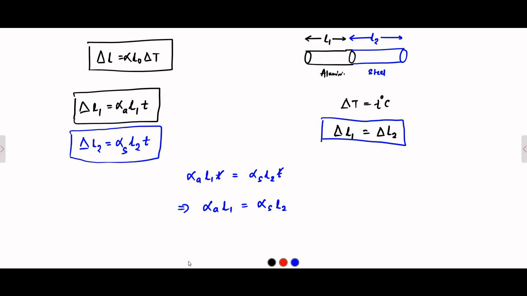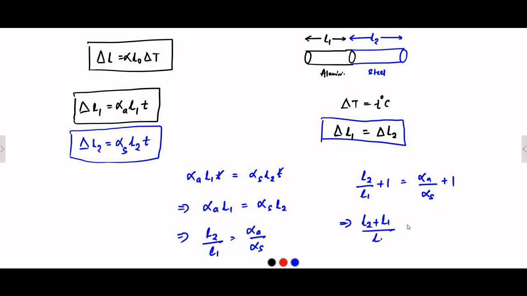That implies L2 by L1 is equal to alpha A by alpha S. Adding 1, L2 by L1 plus 1 is equal to alpha A by alpha S plus 1. That implies L2 plus L1 by L1 is equal to alpha A plus alpha S by alpha S.